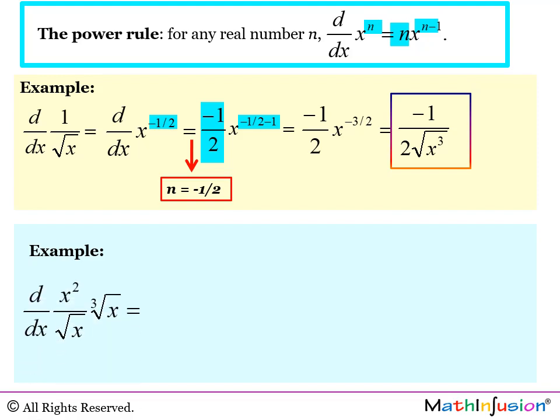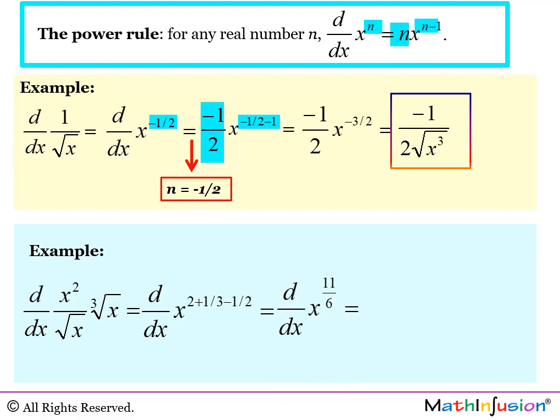In another example, this looks very complicated, but be careful. You have here a quotient and you have a product, but you don't want to use this fact. What you want to do is to simplify the expression of the x's here to get x to a power of one amount. The power of the x is 2 plus a third, because there is a product between those two, minus 1/2 because we are dividing by the square root of x, which is x to the power of a half.